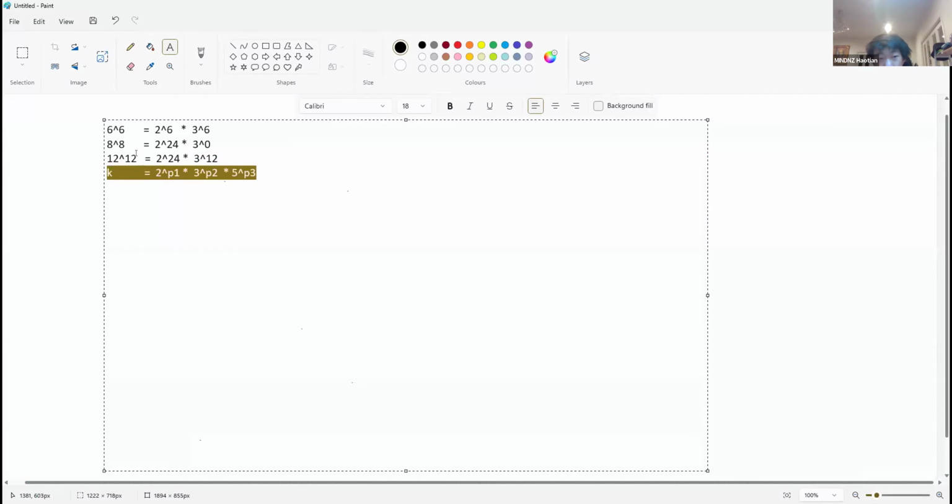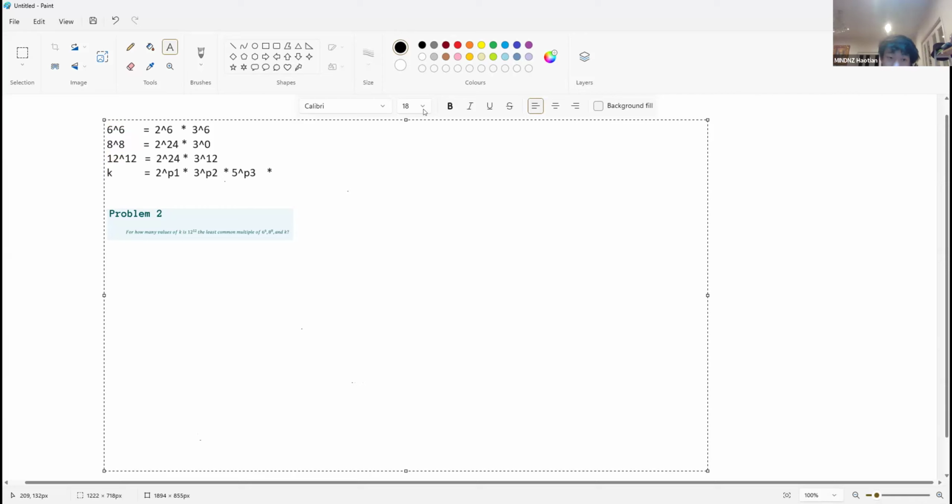I've actually prepared a little table to make it fairer to see. I'll paste the problem. Here's the problem. Hopefully that's big enough to see. So the least common multiple of 6 to the 6, 8 to the 8, and k is equal to 12 to the 12.